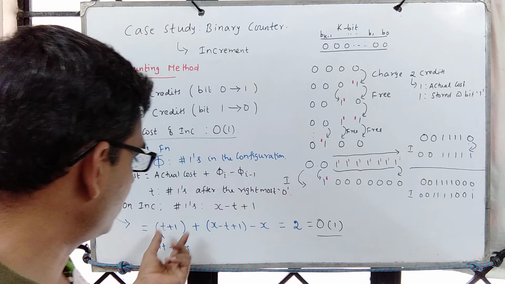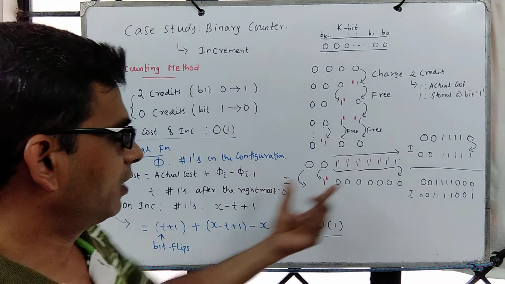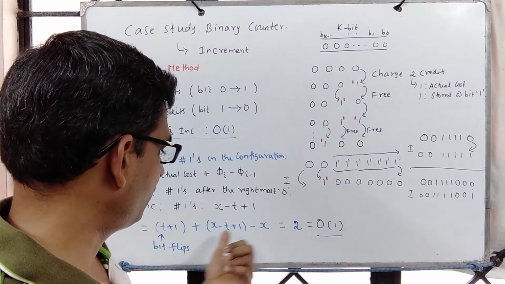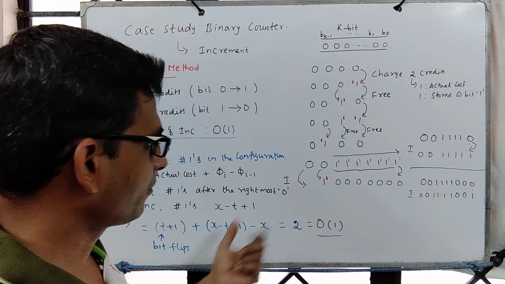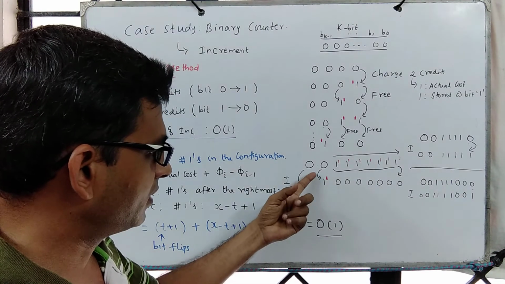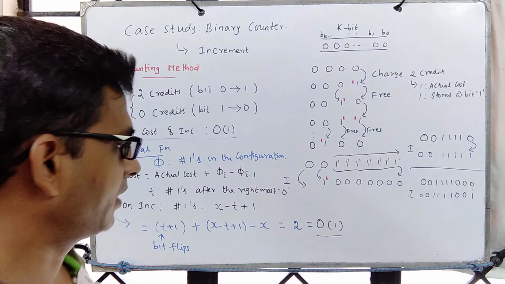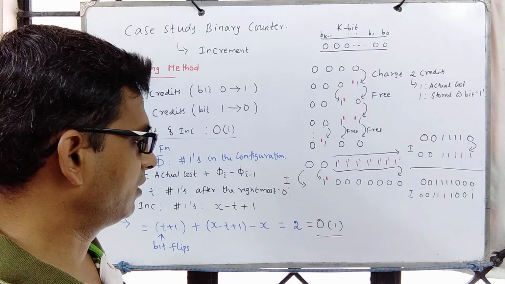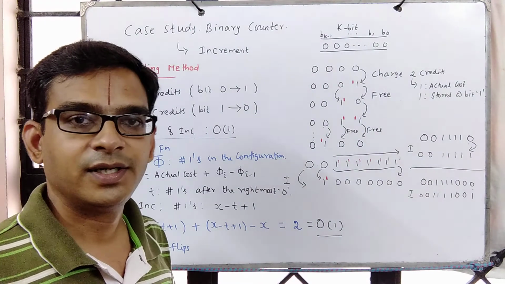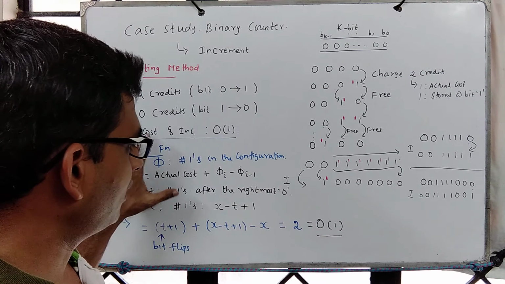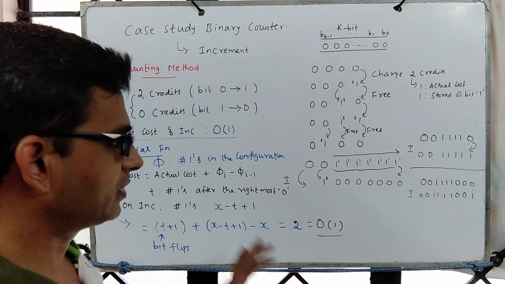And on increment, the number of ones is x minus t plus 1, minus the number of ones initially present in the configuration. That gives you a constant, which means the amortized cost of increment following the potential function is constant.